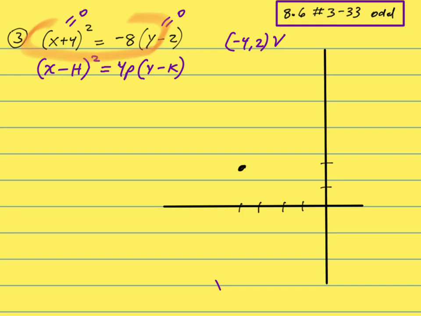Now my question is, please look at this. If you solve this for y, would it be a positive x squared or a negative x squared? If you solve this for y, okay, I will write it out. You have an x plus 4 quantity squared equals -8 times y minus 2. If you multiply by -1/8, you would have this.